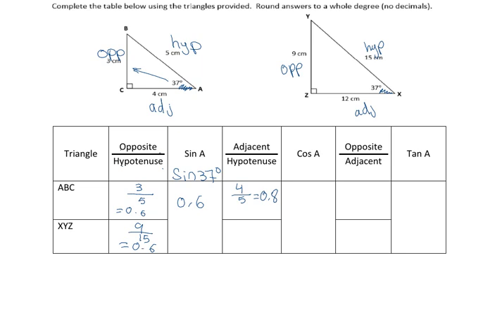What is my adjacent? 12, over 15, which is 0.8. Now on the calculator, you're going to do cosine 37. What do you get? 0.8, because it's 0.79, so you're going to have to round up to 0.8.